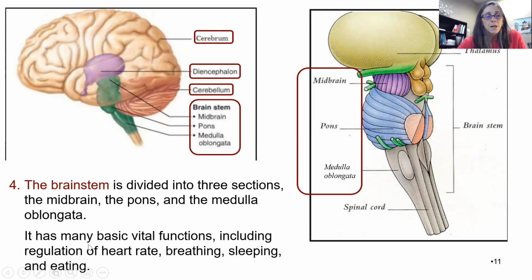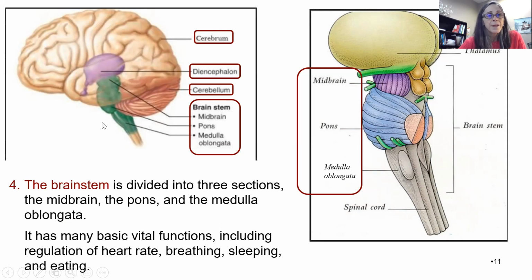Now each one has their own specific functions. The midbrain pretty much follows into the pons, and what the pons has are specialized tracts called peduncles.